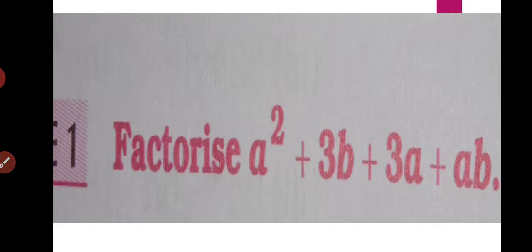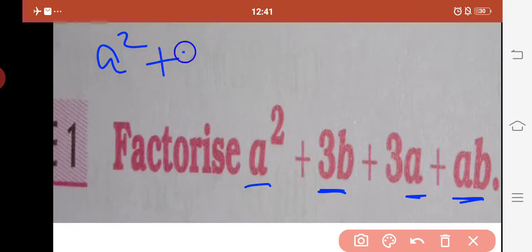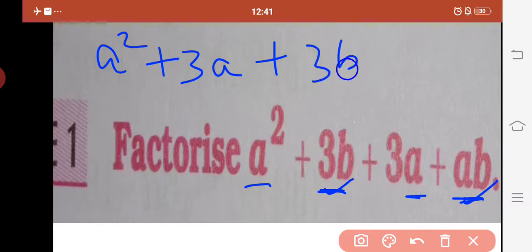Now with the very first question, let us have a square plus 3b plus 3a plus ab. So we have here a square and this is 3b, here 3a and this is ab. So let us bring a square plus 3a together, and then this is b and this is b, 3b plus ab together.